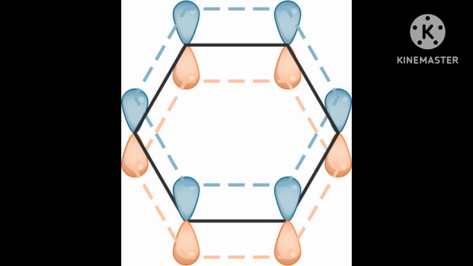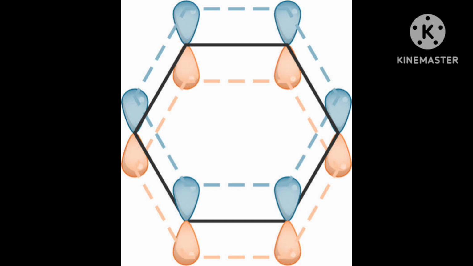Not in alkane, no; in alkane all are sp3, 4 sp3, nothing is remaining. In ethene 1 unhybridized orbital makes 1 pi bond, and in ethyne, the triple bond, 2 unhybridized orbitals make 2 pi bonds, so a total of 3 bonds in ethyne and 2 in ethene.